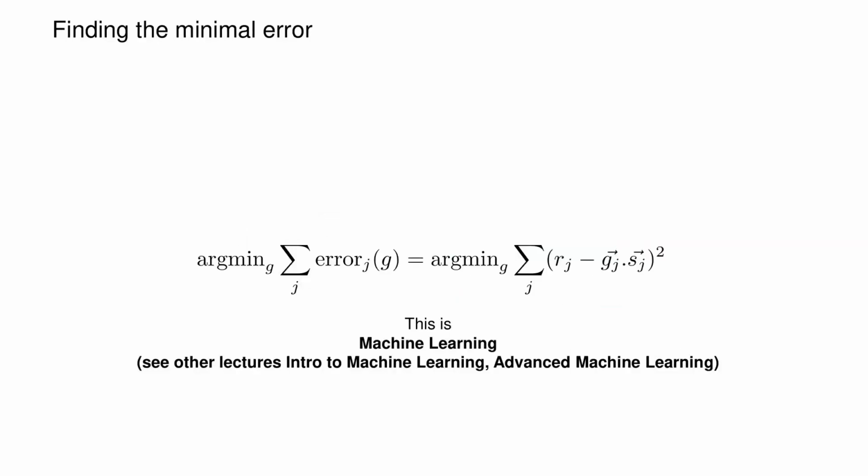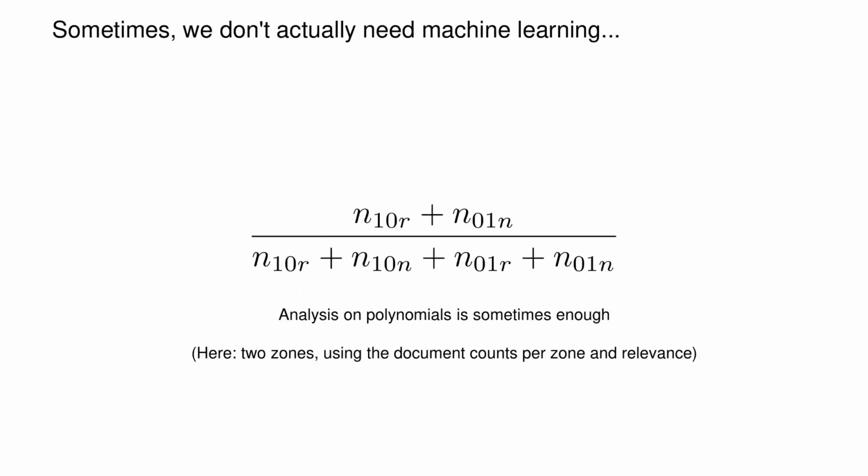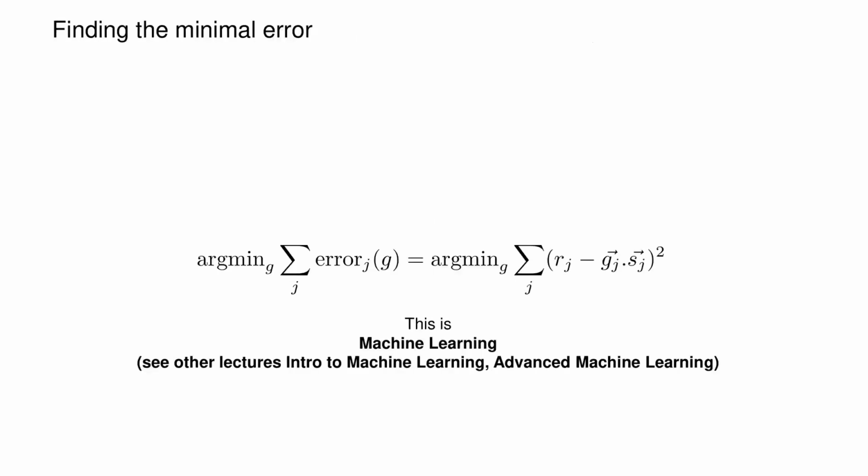If you do that, you can apply machine learning techniques like stochastic gradient descent, or in some cases, exact results. In that case, you don't even need a gradient descent. In the case of 2 zones, you directly have the results. You don't have to learn that by heart. I'm just telling you, sometimes there are exact solutions. Sometimes you need to use specific techniques.